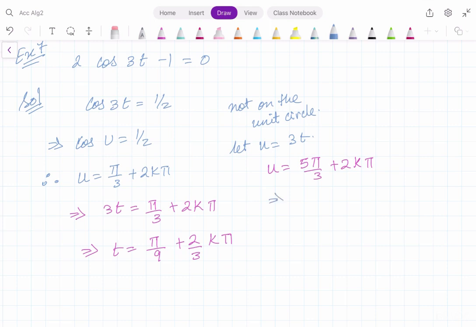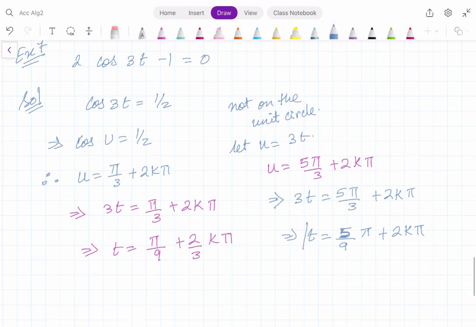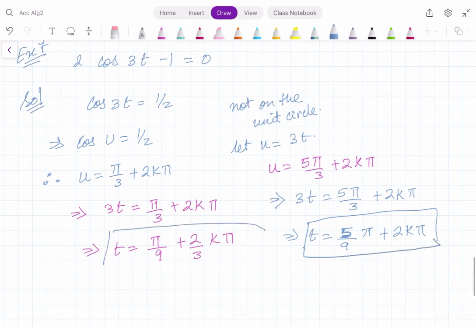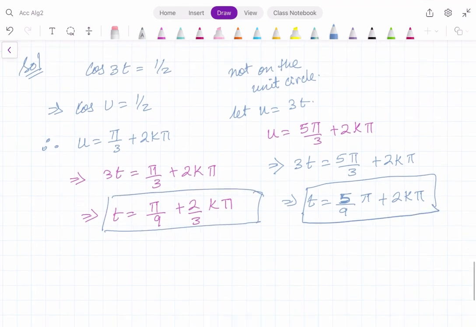So after getting that angle, let's substitute the value of u back and divide both sides by 3 so that we can get the value of t. So t will be 5/9 pi plus 2/3 k pi. It should be 2/3. I forgot to write 3. So it should be 5/9 pi plus 2/3 k pi.